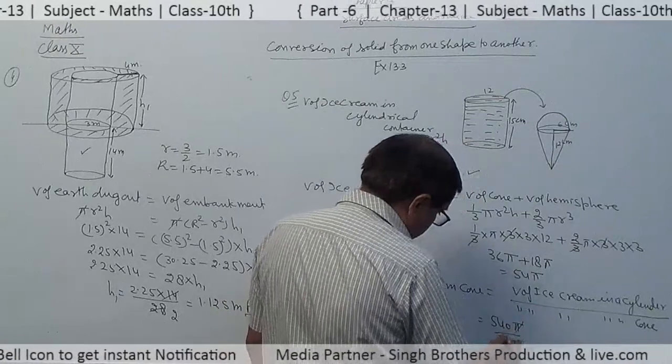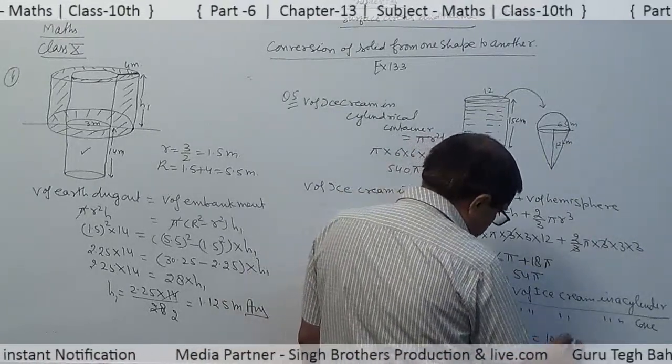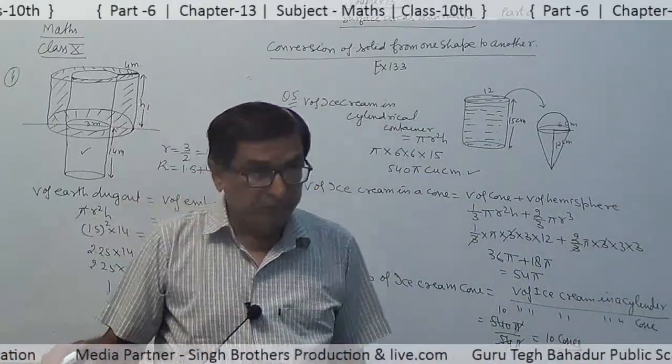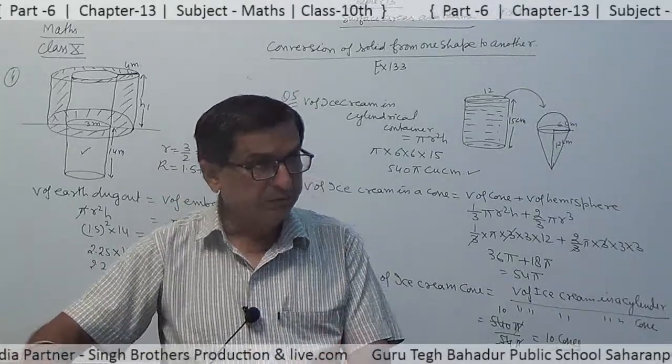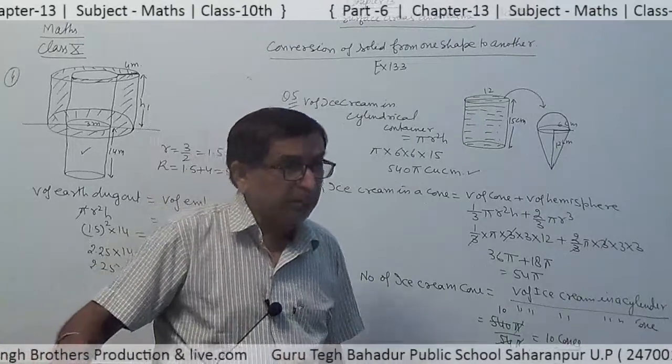Pi and pi cancel, 54 10 ja. So 10 cones will be filled.